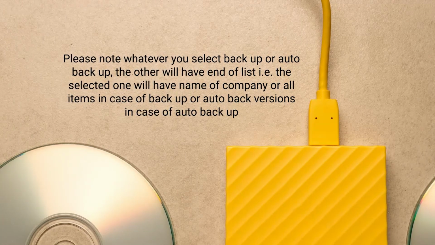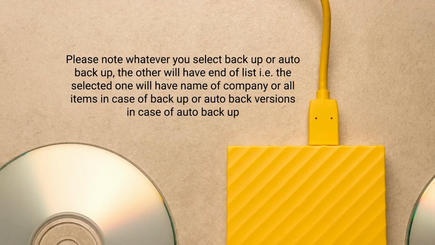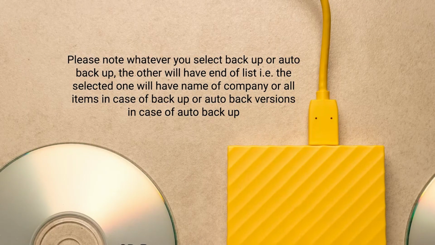In case you want to restore all the items, then you will click all the items in case of a backup, or auto backup version in case of auto backup. With this we have understood how to backup and restore the data in Tally ERP 9.